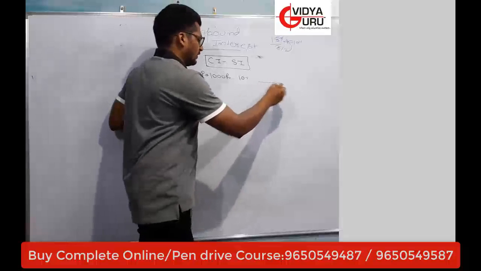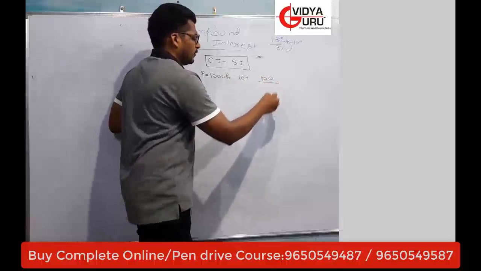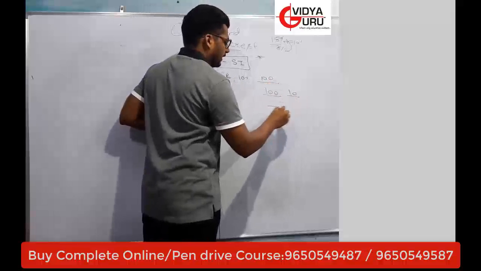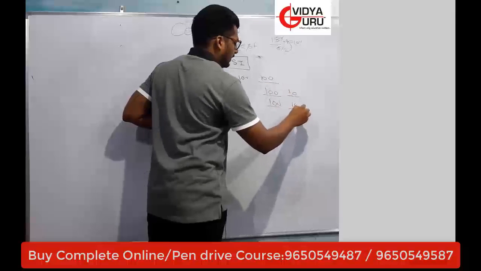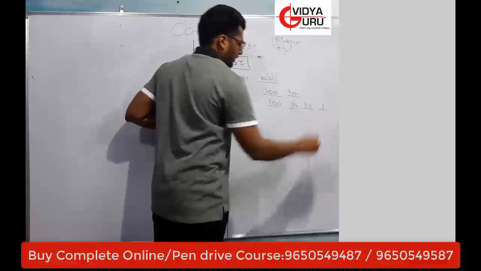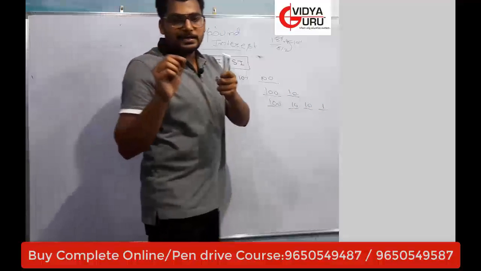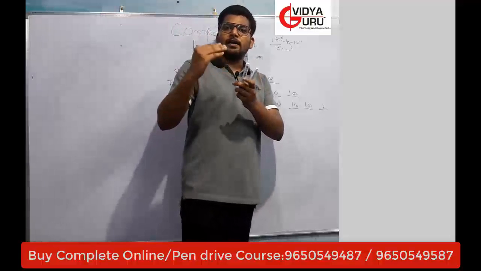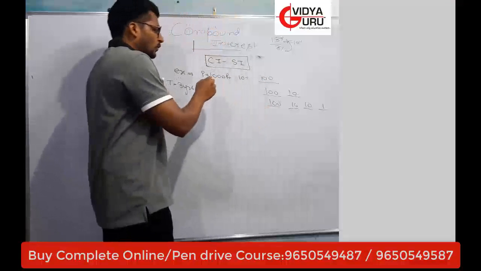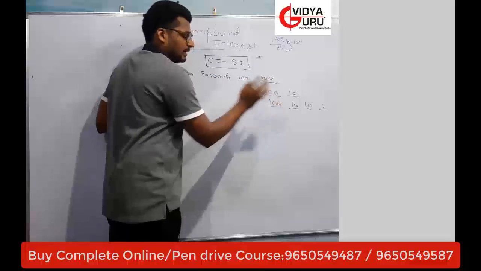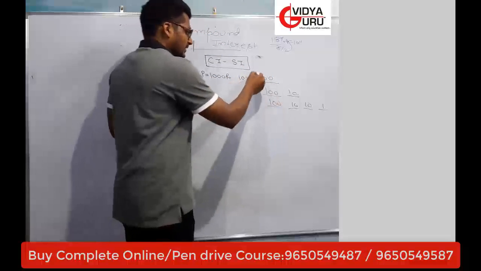So for the first year what will be the interest? 100. For the second year what will be the interest? 100. And on it 10, 100, on it 10, 10, on 10, 1. This is the 3 year interest. As I know, SI is equal for every year. If I only want to calculate SI, that means first year I will get 100, second year 100, third year 100.